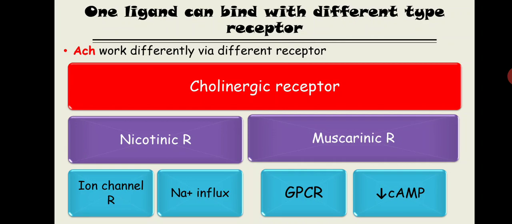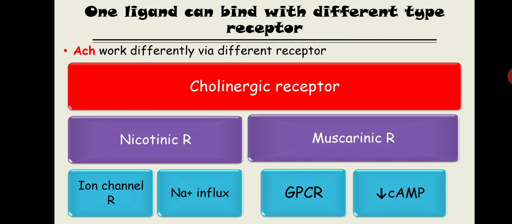You can see in this slide the ligand is the single acetylcholine, but working through the nicotinic receptor it causes one kind of action, and working on the muscarinic receptor it produces a different kind of action, right? On the other hand, it will stimulate via the nicotinic receptor and inhibit via the muscarinic receptor.